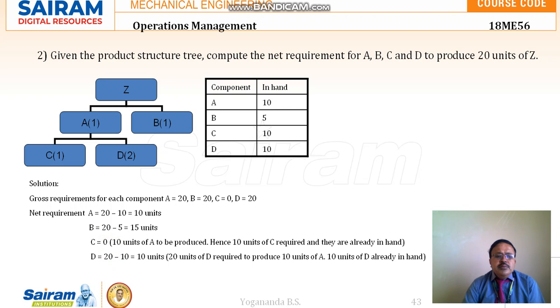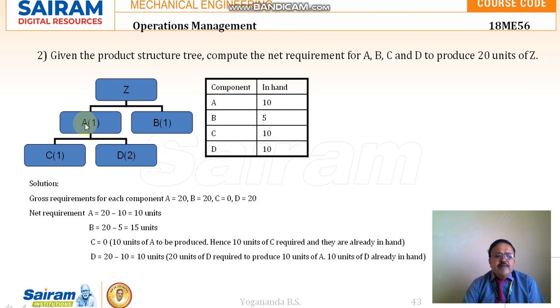Coming to D, D is involved in manufacturing A. So we require A 10 units. To manufacture A, we require 10 into 2, that is 20 units of D required. For 1 unit of A, 2 units of D are required.